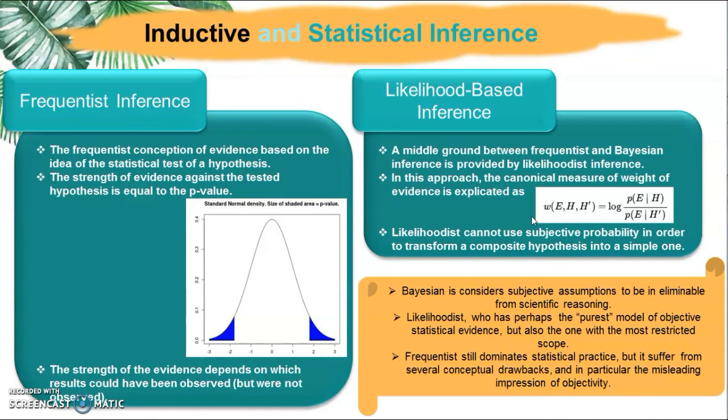Likelihoodists cannot use subjective probability in order to transform a composite hypothesis into a simple one. Summing up our findings, no statistical theory of evidence managed to eliminate all sources of personal bias and idiosyncrasy.